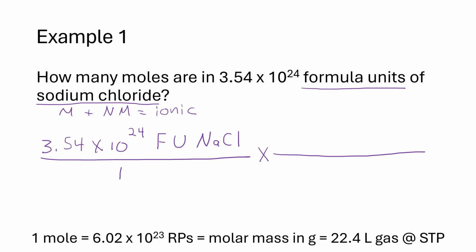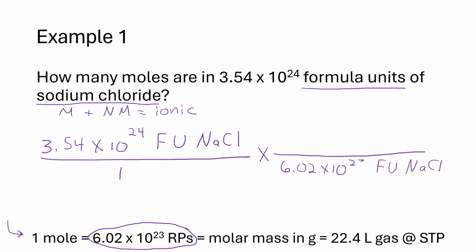I rewrote all of this stuff on that mole triangle down here at the bottom. What we want to do is match units. Formula units are hidden down here with representative particles. Formula units are the representative particle for ionic compounds. So that's going to match things on the bottom. We're going to match formula units of salt with 6.02 times 10 to the 23rd.